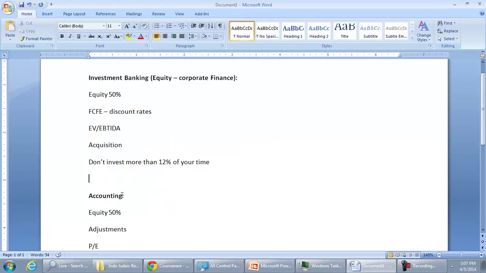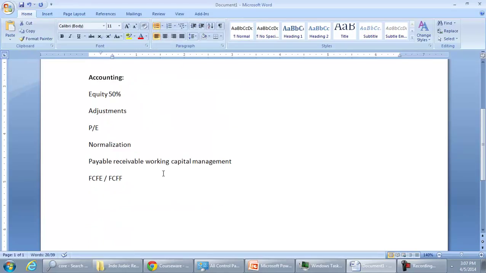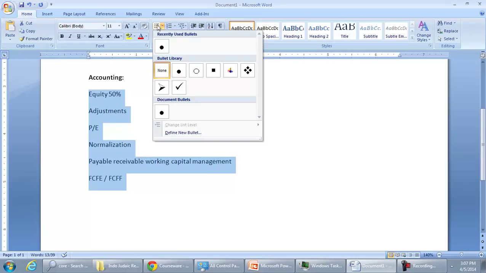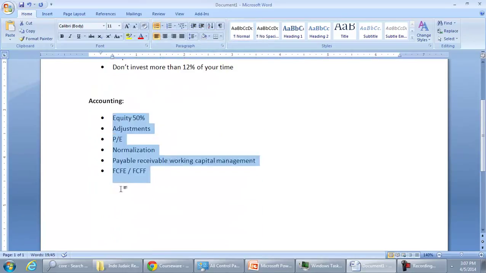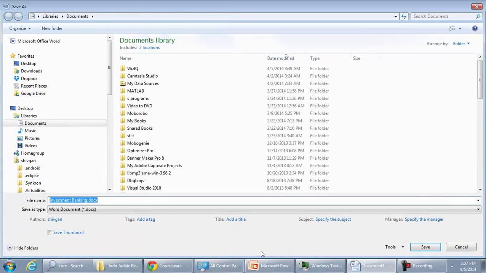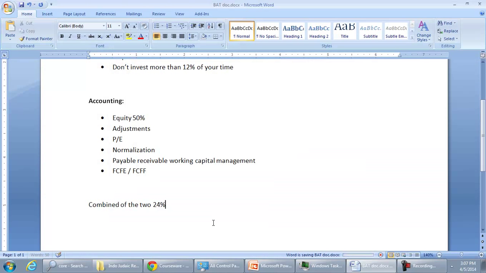So equity is 50% at both ends, but you need to make sure that combined of both you don't invest more than, combined of the two you should not invest more than 24%. If you have got time, you should look at the other part here.